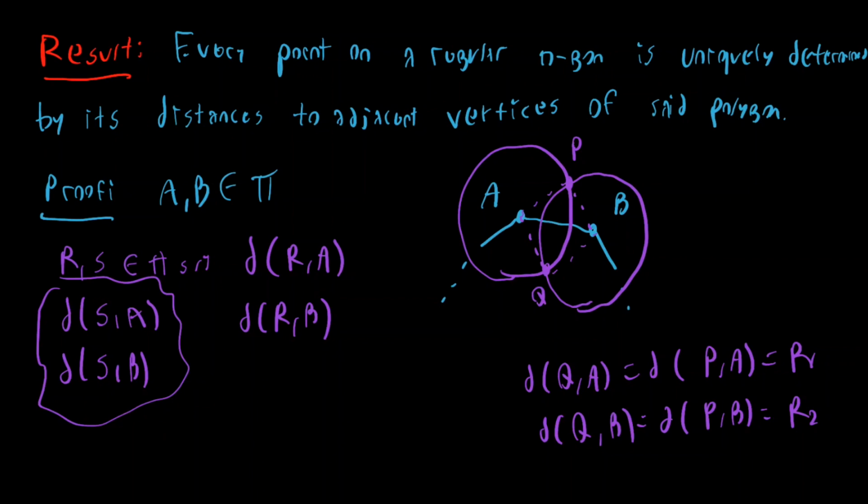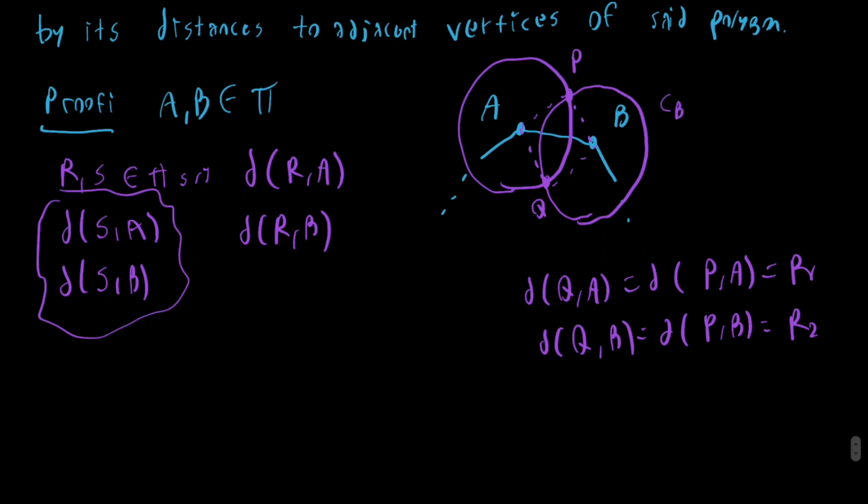In particular, we know that if we call this circumference CB and this circumference CA, then their intersection is at most comprised of two elements.